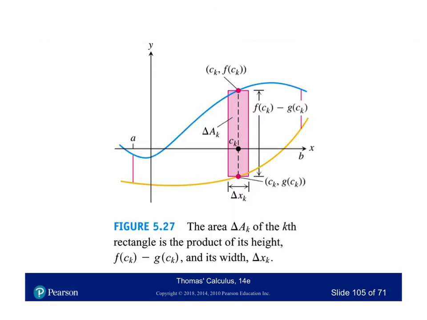The theory behind this is that you make those rectangles like we've done before, and there's your delta x, and the height of that rectangle is the top minus the bottom. So it's really f of x minus g of x that is the height of that rectangle. And how thick is that rectangle? It's a delta x.